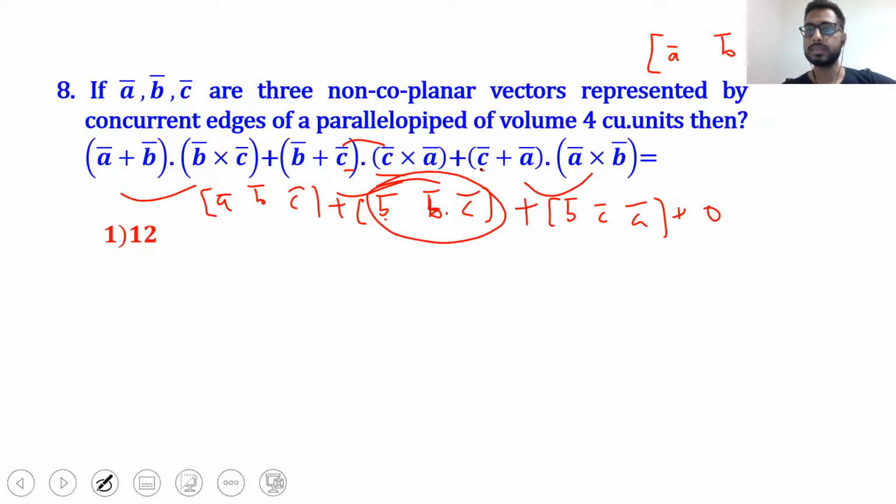Similarly, in these terms I'm going to get CAB and AAB. AAB term would be 0, so only CAB. CAB is also equal to ABC, and BCA is also equal to ABC if I use my cyclic property. So that gives me my answer as 3 times ABC, that is ABC plus ABC plus ABC.